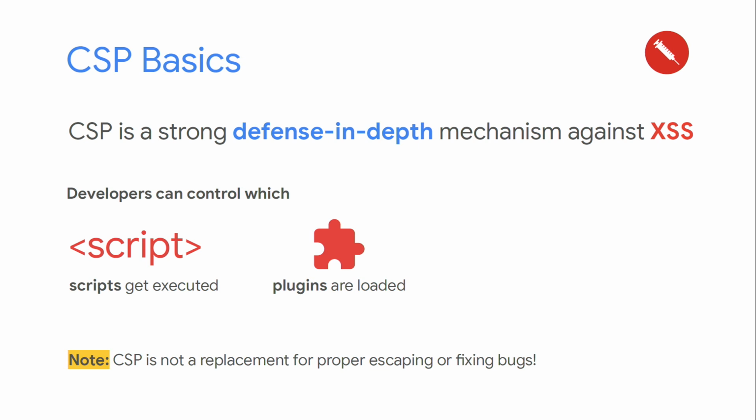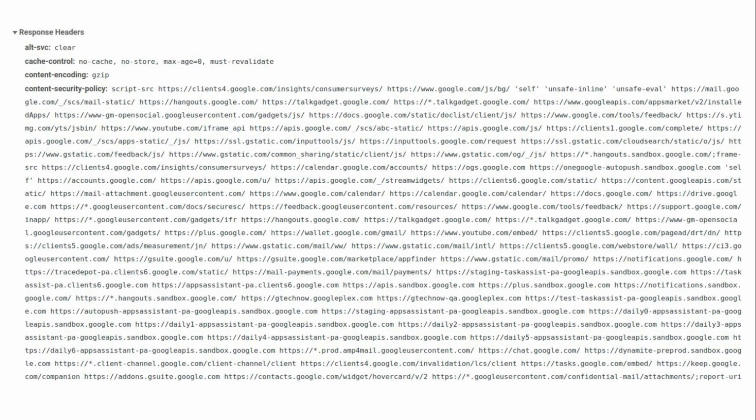It's a defense in depth mechanism. That's also something that people sometimes get wrong. Because of that, it should always be a second line of defense and should not be your primary mechanism to protect against XSS. Even if you have a very good CSP, you still need proper escaping and to fix the actual bugs.